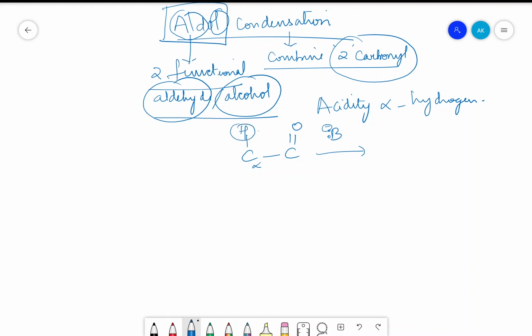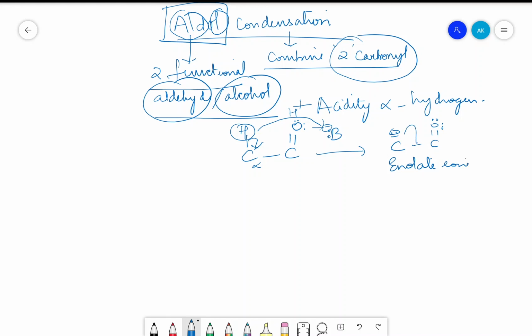Hydrogen here will be removed in the form of a proton, and the bond will be shifting towards this alpha carbon. In that case we are going to get carbon with a negative charge and two electrons, and C double bond O. Oxygen already has two lone pairs, and this is called an enolate ion, and it is resonance stabilized.